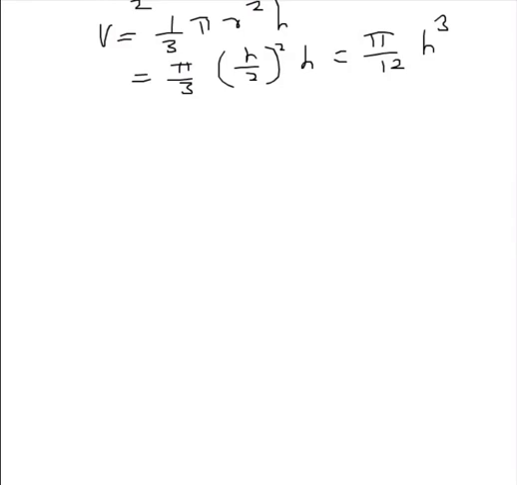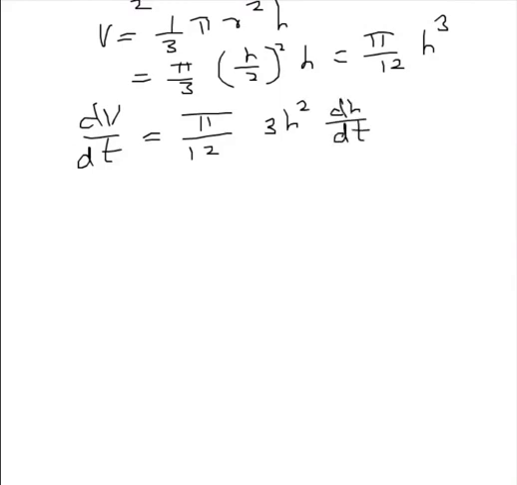Now let us differentiate with respect to time. Pi by 12 is a constant, take it out. Differentiate the power first and then the base with respect to time. Now substitute the given values.